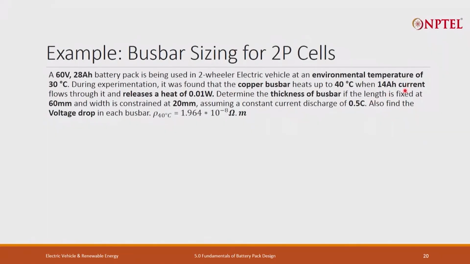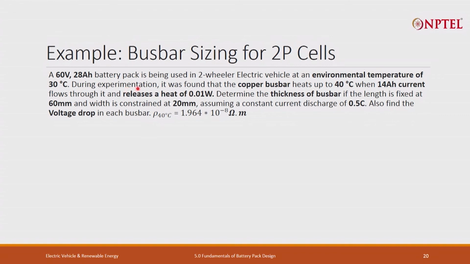Now, one example here: bus bar sizing for a 2-piece cell, the pack that we have shown earlier. A 60 volt 28 Ah battery pack is being used in a two-wheeler electric vehicle at an environmental temperature of 30 degrees centigrade.